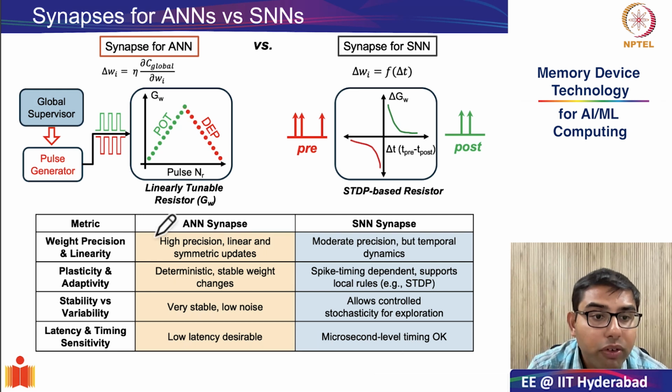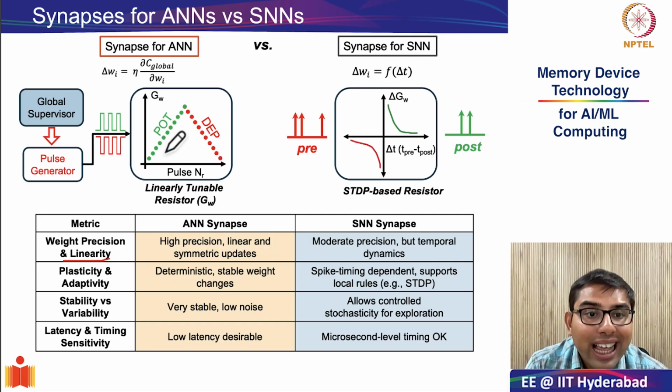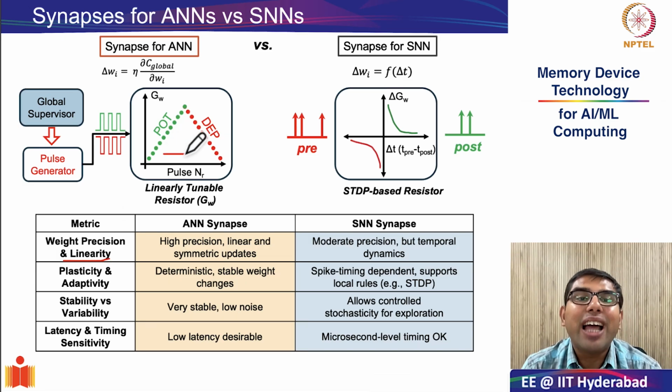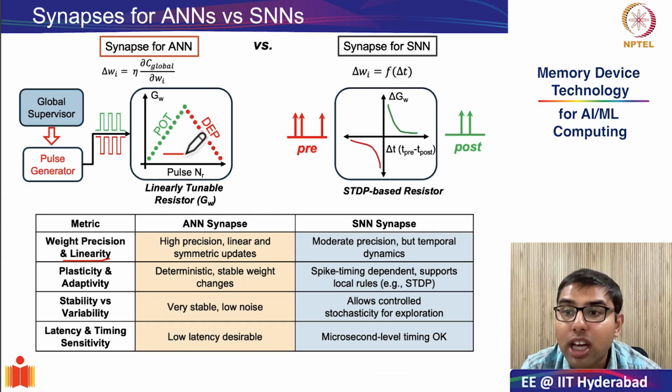So the first thing that we will look at is the weight precision and linearity. For ANN synapses, as you can see from this image, you would require very high precision and the ability to tune these weights in a very highly symmetric and linear manner.